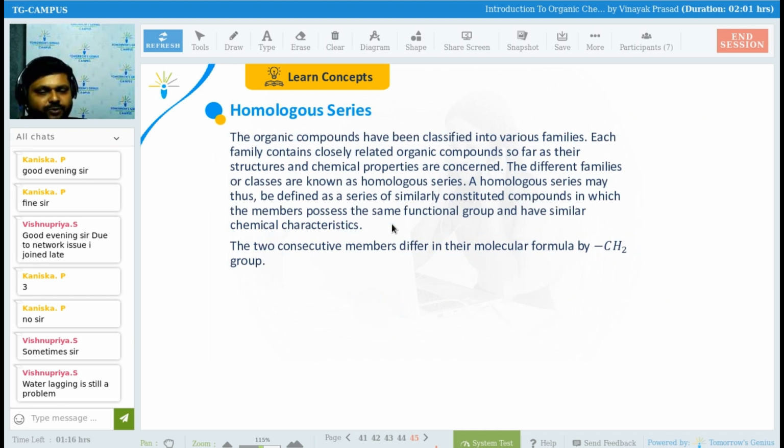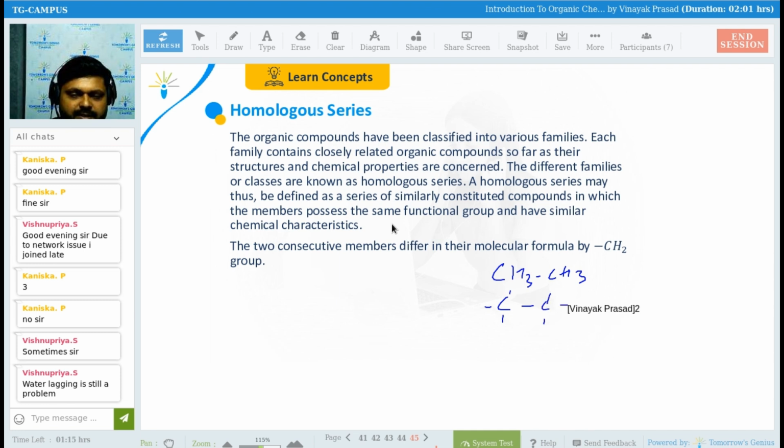Now we are going to see the homologous series. What is the meaning of homologous series? Let's suppose we have ethane, CH3CH3, and propane, C-C-C. Ethane is C2H6 and propane is C3H8.